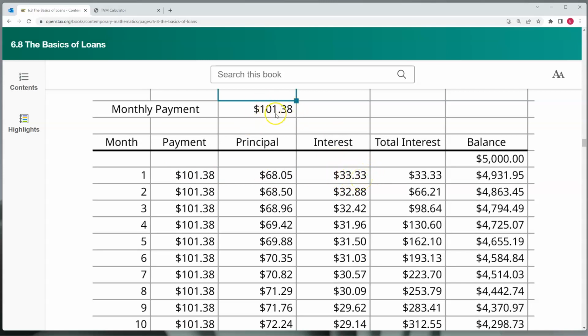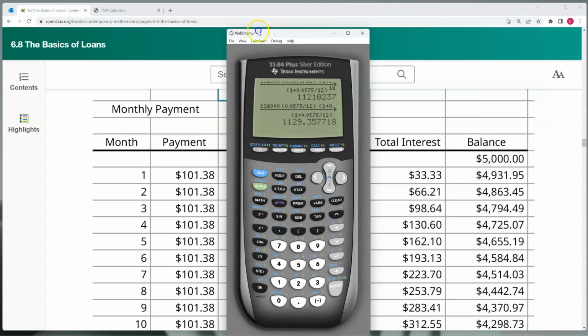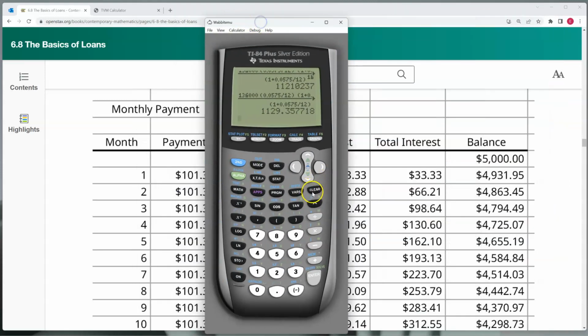And if you're going to make a $100 payment, of course, what happens is you'd say, okay, well, you've got $5,000 that you've borrowed. You're going to pay $101.38. But that month added $33.33. So let's come over here and look just to see how that works in the calculator. So you had a $5,000 balance.